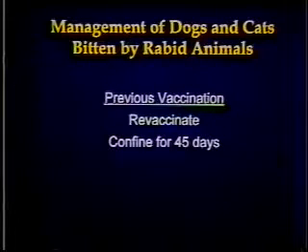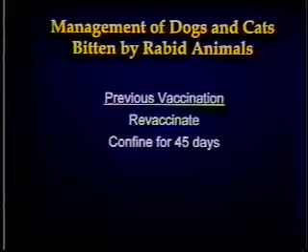vaccination. If the animal that has been bitten by a rabid animal has been previously vaccinated, as in the case, for example, of a cat or a dog, then there is a 45-day confinement period with a revaccination.